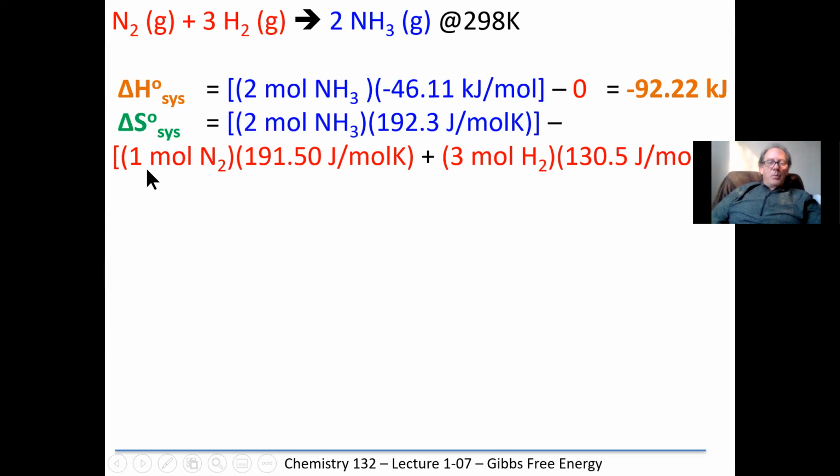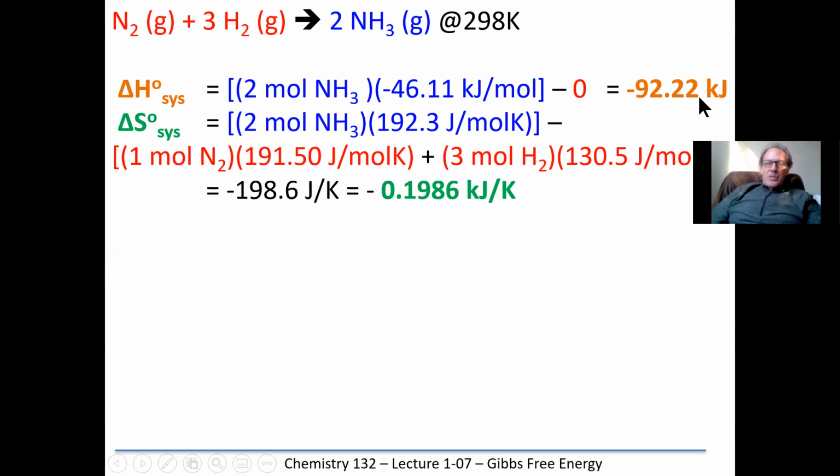The sum of those two will be the sum of the entropies of the reactants. So it's products minus reactants again, just like you did for your enthalpy changes. When we calculate it, we end up with a value in joules, minus 198.6 joules per Kelvin.